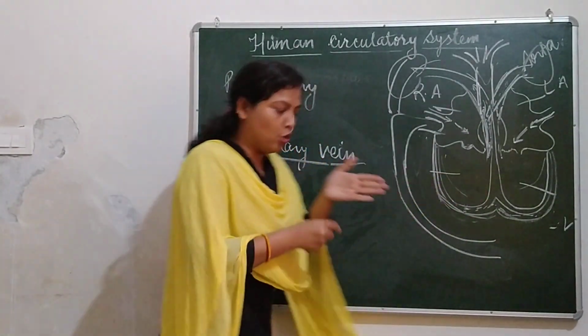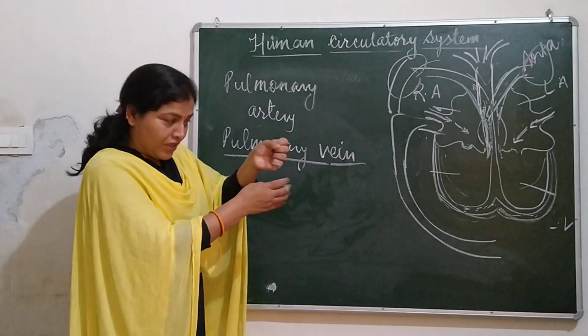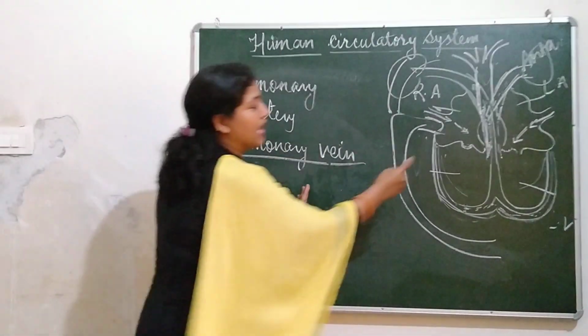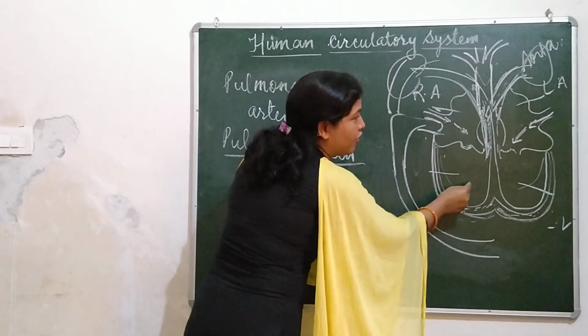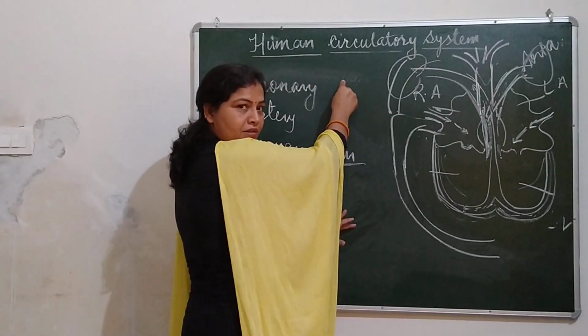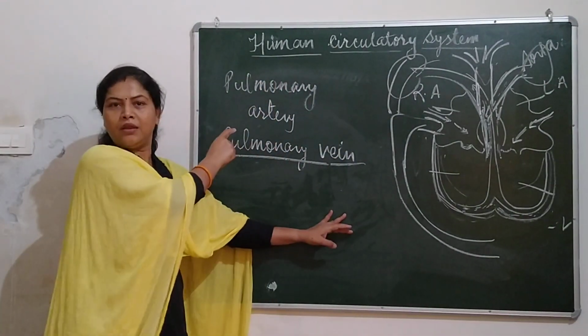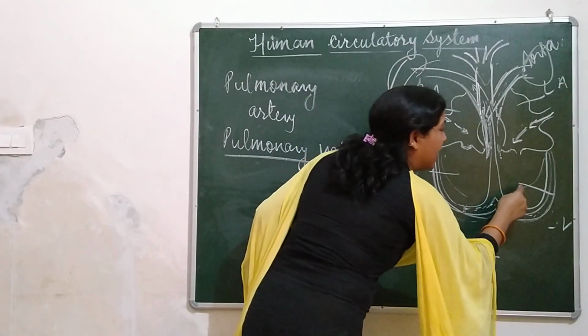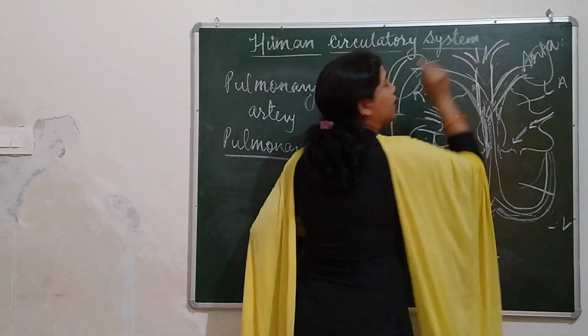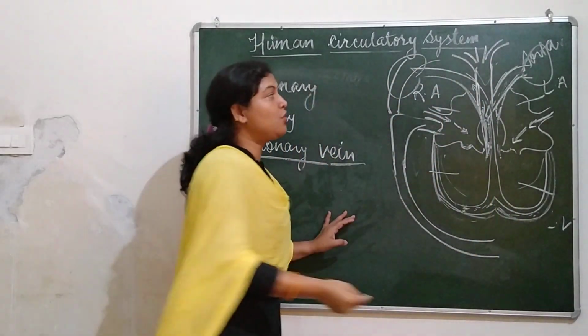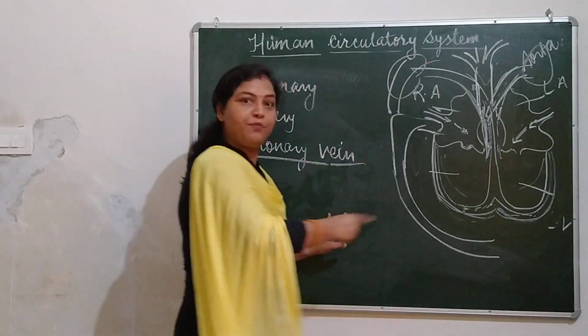Now when the lower portion constricts, the right part of the blood goes for purification through the pulmonary artery, and the left part of the blood goes to the aorta for distribution.